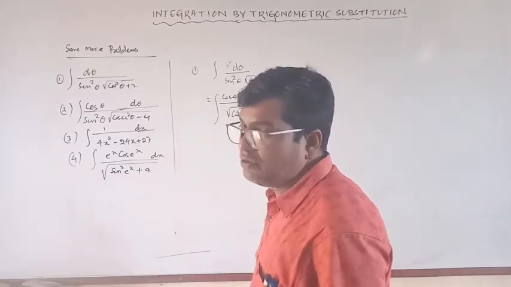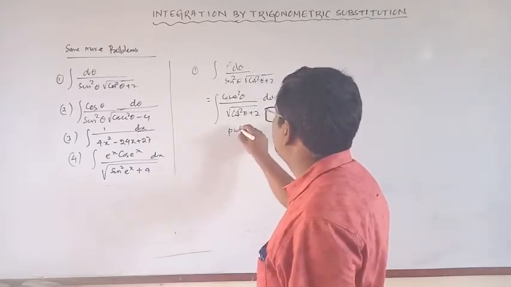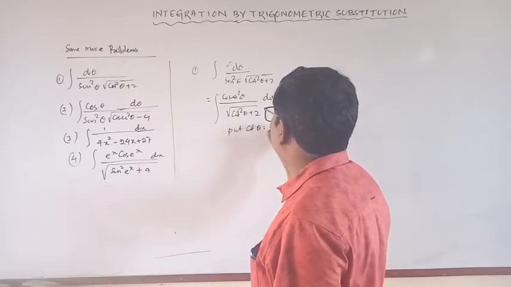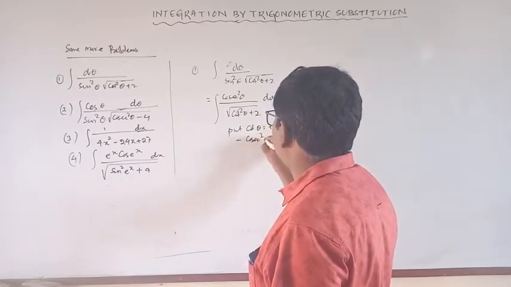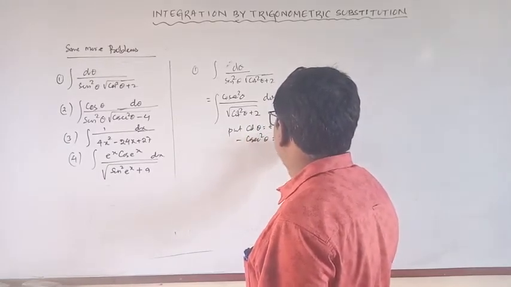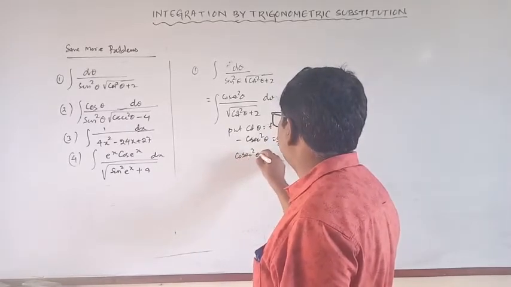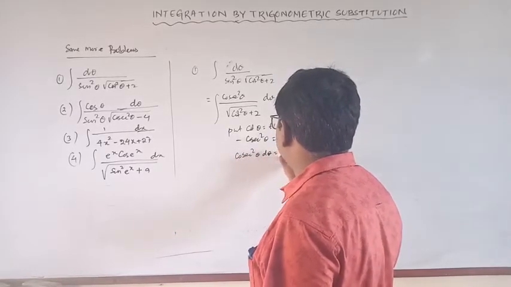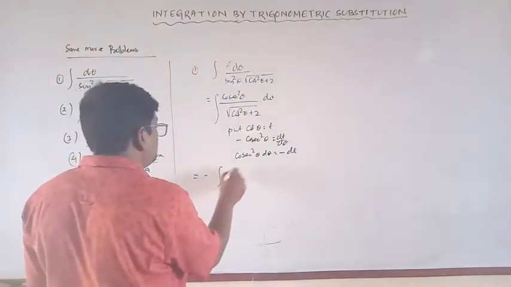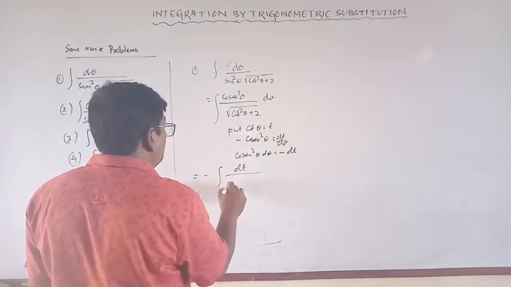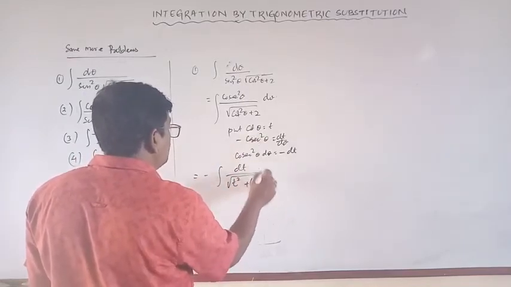Put cot theta equal to t. The derivative of cot theta is minus cosec square theta, so dt by d theta is minus cosec square theta, so cosec square theta d theta is equal to minus dt. Put here minus dt, minus dt by root over t square plus root 2 whole square. What is the formula?